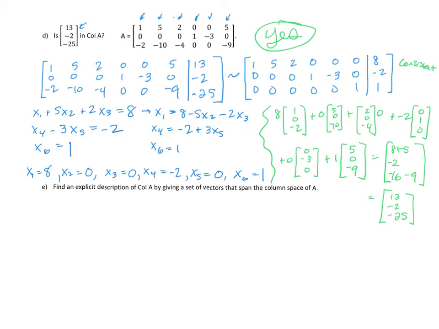Okay, now we want to find an explicit description of Col A by giving a set of vectors that span the column space of A. Remember, the column space of A is the set of all linear combinations of the columns of A. And the word span means the set of all linear combinations.